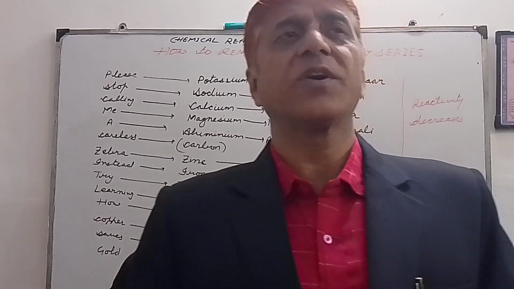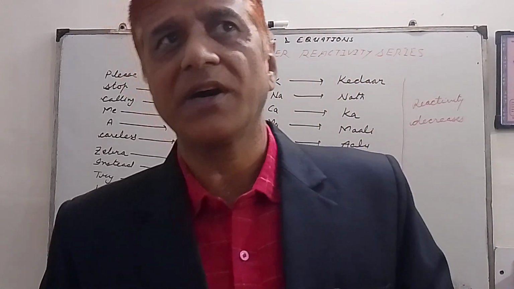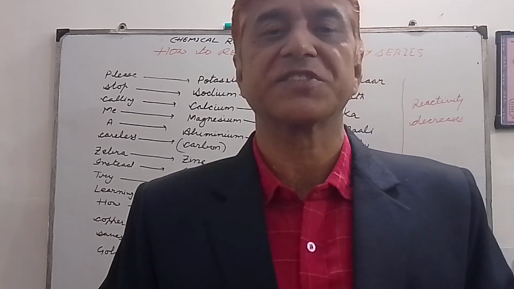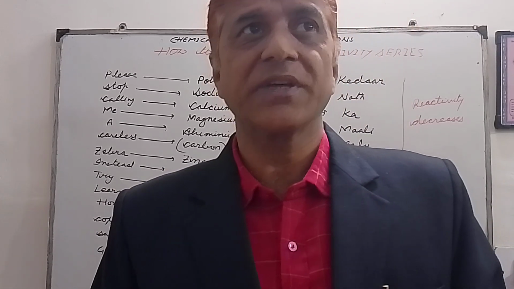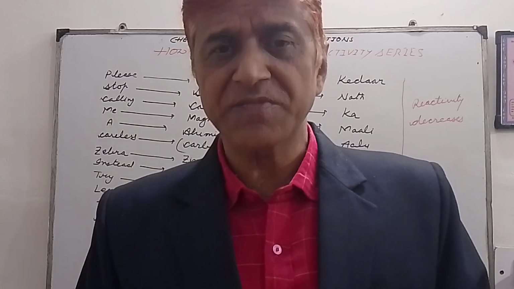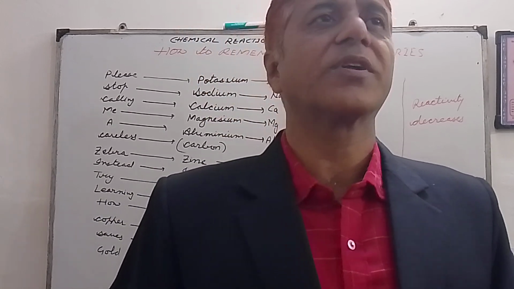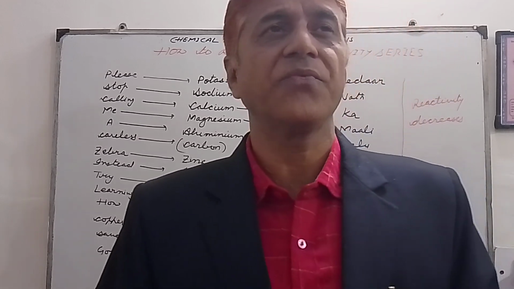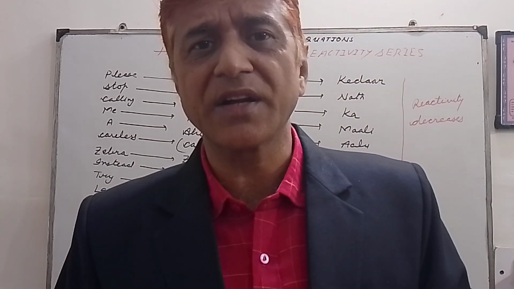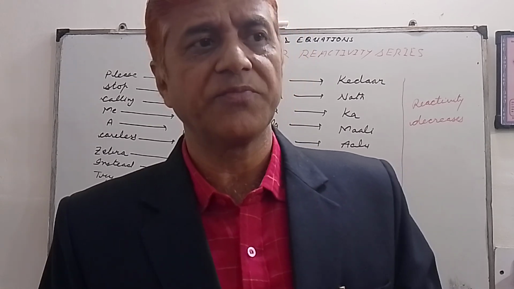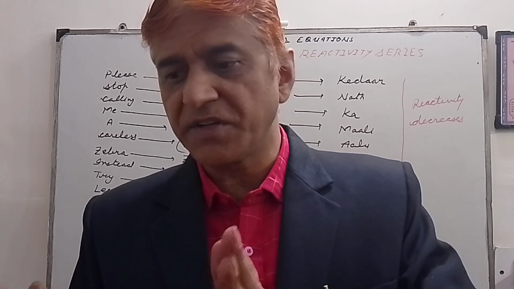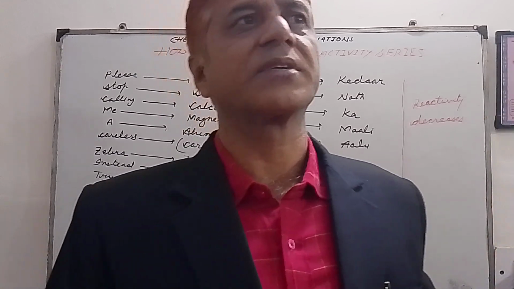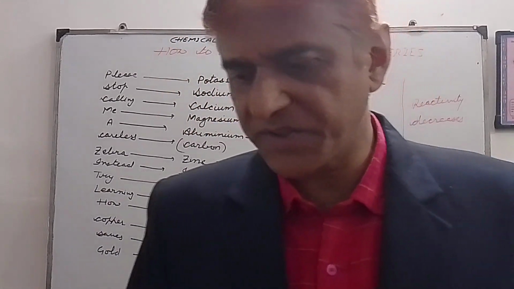Now the third type of chemical reactions which we have is displacement reactions. But before we study displacement reactions, it is very important to understand the reactivity series. Without the reactivity series, we can't understand displacement reactions.